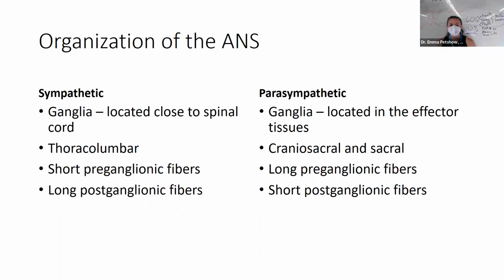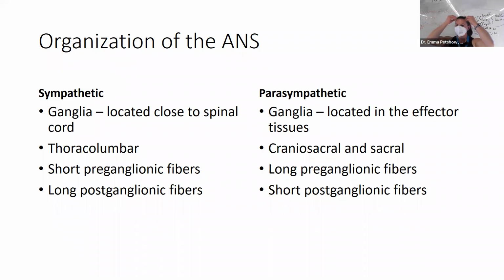Because of where the ganglia are located, we're going to have short preganglionic fibers for the sympathetic nervous system because the ganglia for our sympathetic nervous system are closer to the spinal cord. We're therefore going to have long post-ganglionic fibers. So our fibers from our ganglia to the effector organs are long. That makes logical sense. This answer, though, gets confused. People will miss it every time.